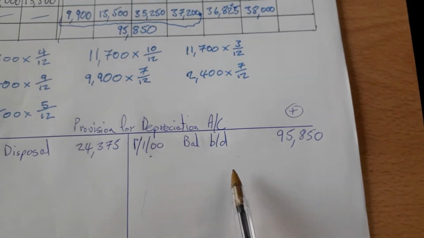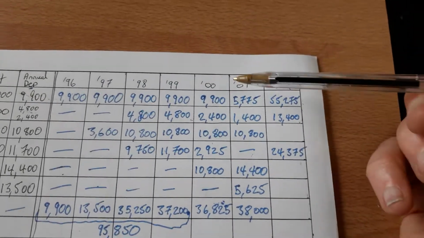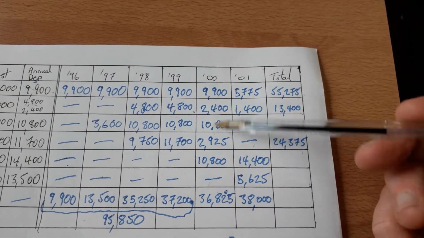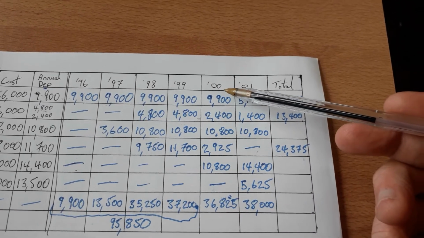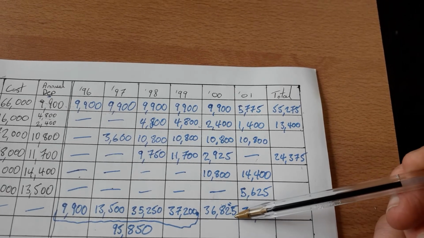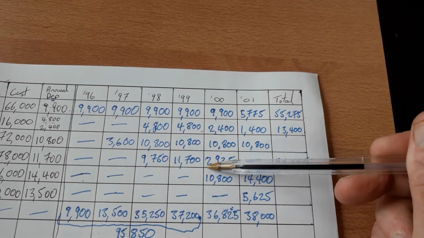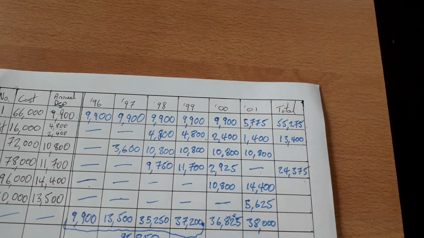On the other side then, for the year 2000, we want to put in our total amount of depreciation for that year, and we put it in at the end of the year, and the total amount for the year 2000 is this 36,825, okay, including that last little bit for vehicle number 3, which we're taking out again on this side.